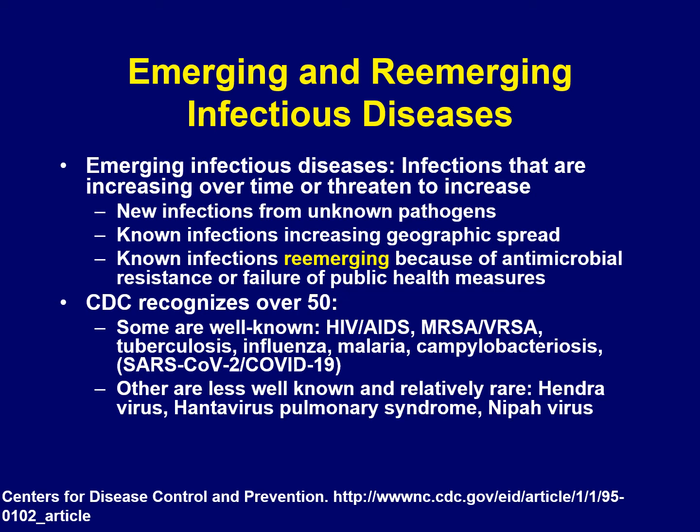The CDC recognizes over 50 emerging infectious diseases. Some are well known, like HIV/AIDS, MRSA, which is methicillin-resistant Staphylococcus aureus, and vancomycin-resistant Staphylococcus aureus, which is VRSA, tuberculosis, influenza, malaria, campylobacteriosis, and of course, very much more recently, SARS-CoV-2 and COVID-19.